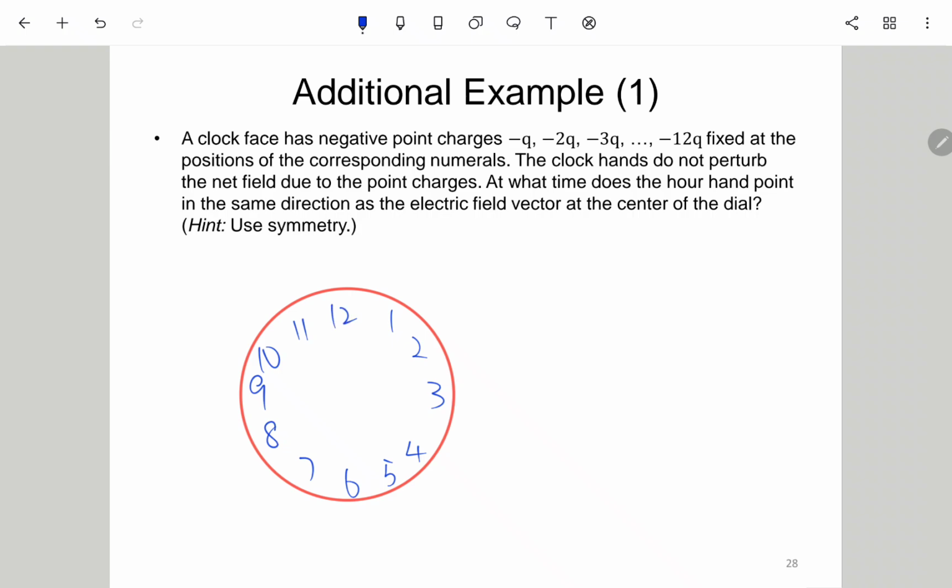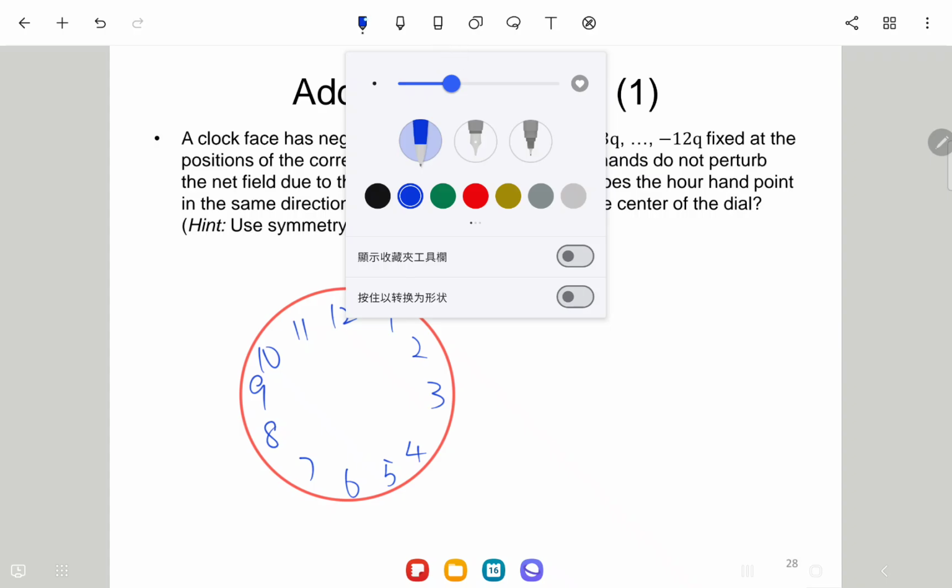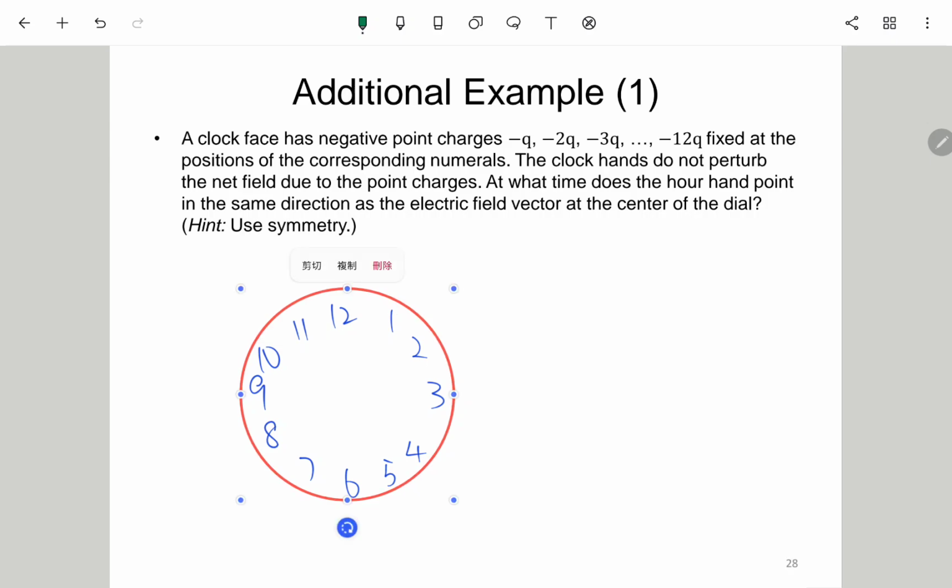Okay, and it tells you that for the numerals, it has a negative q all the way up to negative 12q. So here we have negative q, negative 2q, and then all the way up to negative 12q here. Okay, so we have many point charges at different numeral positions.